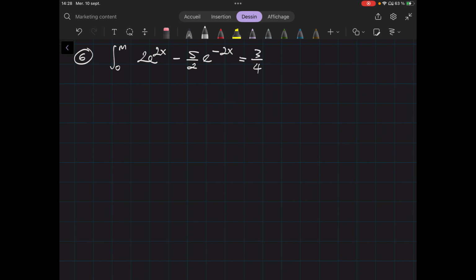Question 6 is another question that is very likely to show up on your exam. It may look very intimidating, but it's really not too bad if we take it one step at a time. So first, looking at this integral, the first thing we should do is integrate this.